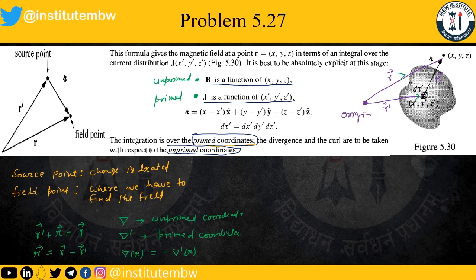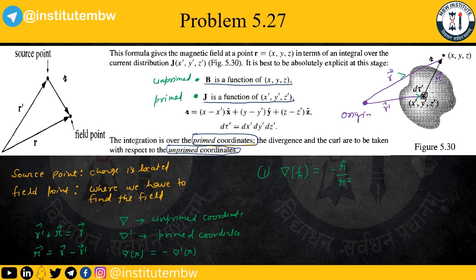Now there are three things. First, the gradient of 1 upon r is equal to minus r cap over r square.